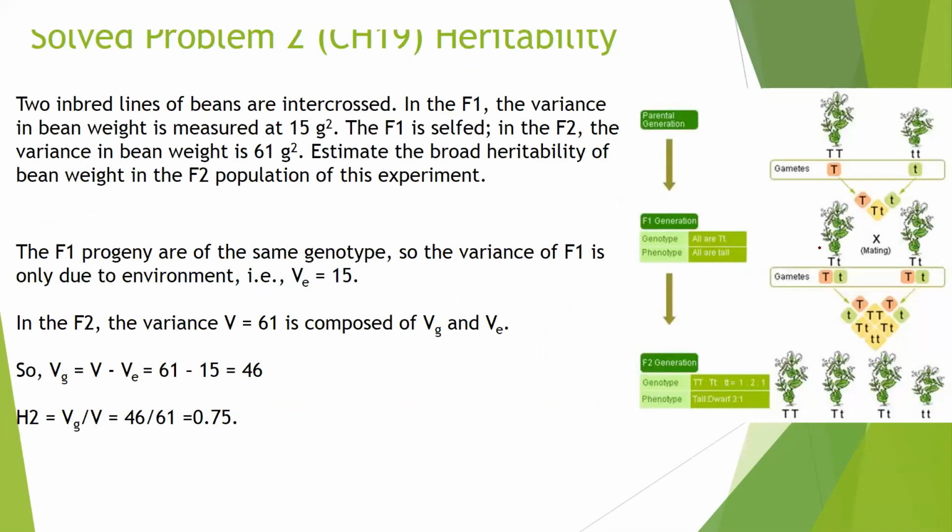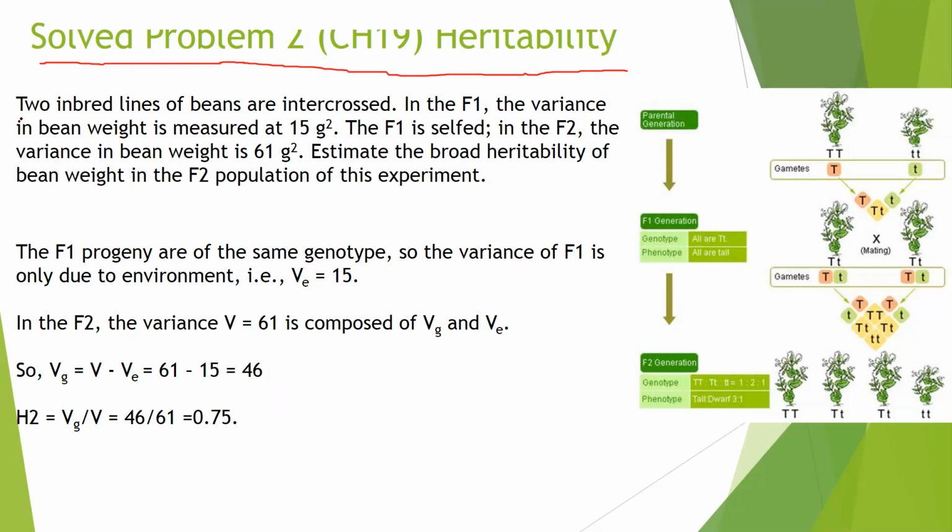All right, I think this is the last slide for today's lecture. So I'm going to show you an example problem. You can find this problem in the syllabus. This is a solved problem in chapter 17, I guess.